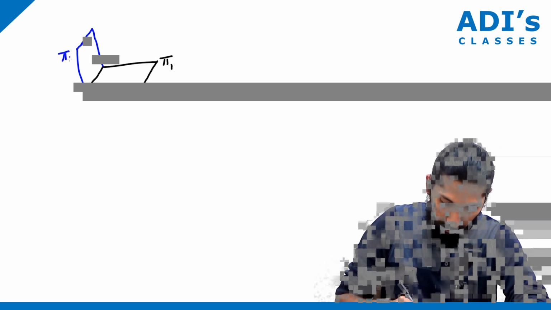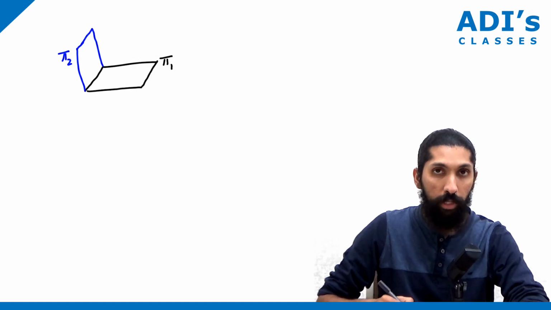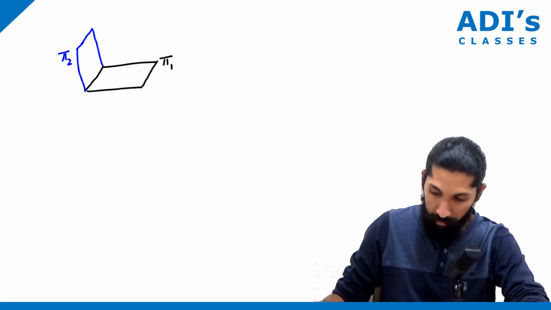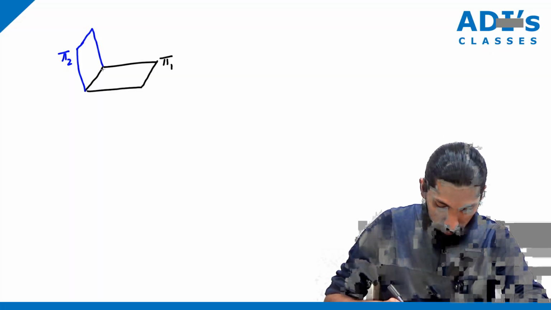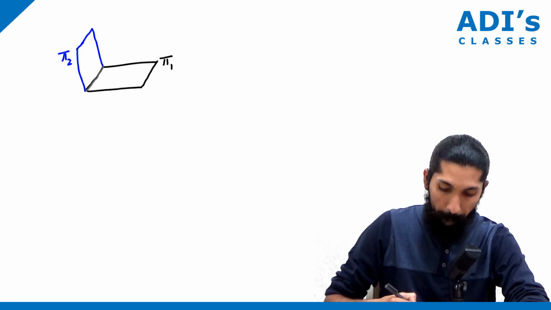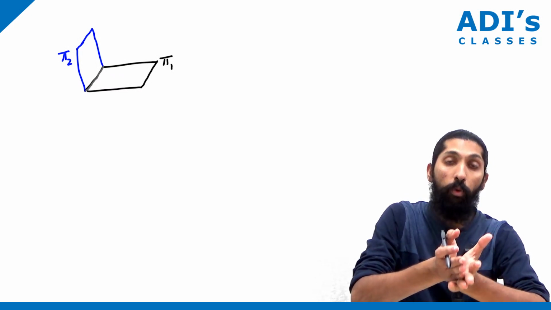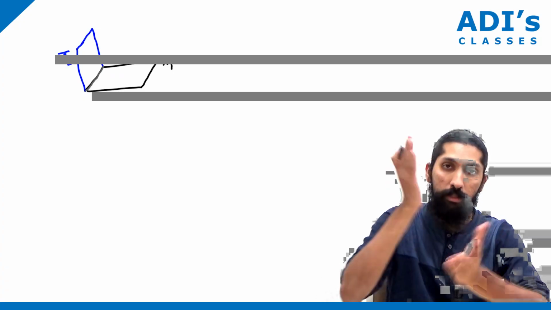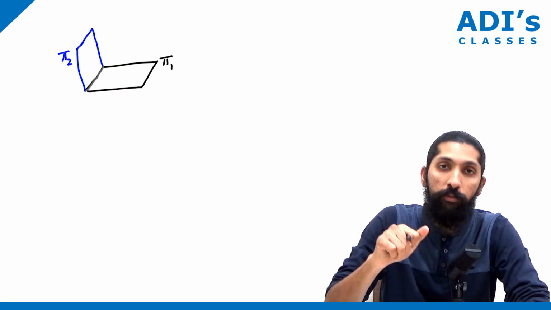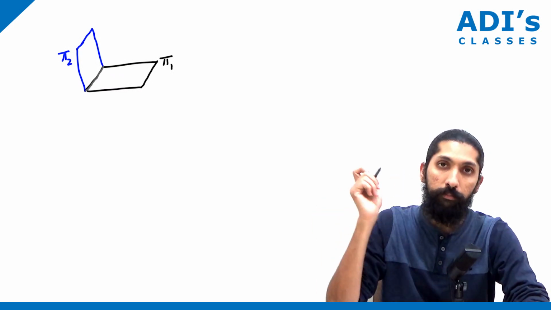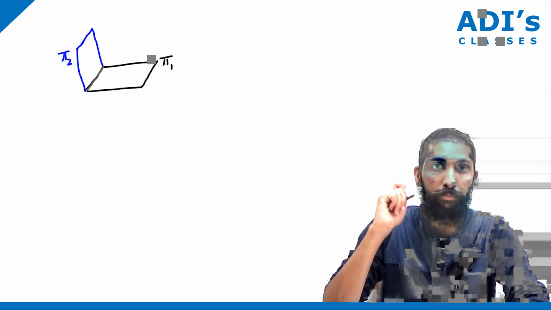Say this is pi 2. Now you see the intersection of these two, isn't it? This is the intersection of these two planes. Now, on this intersection, what if another plane passes? How are we going to find the equation of that particular plane?